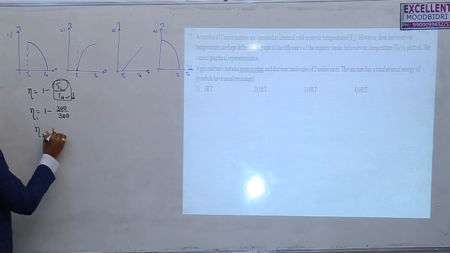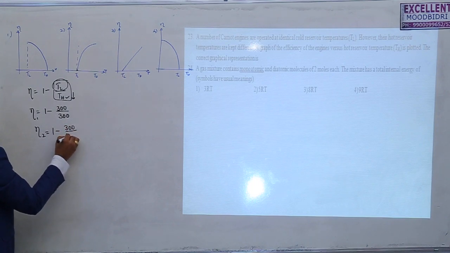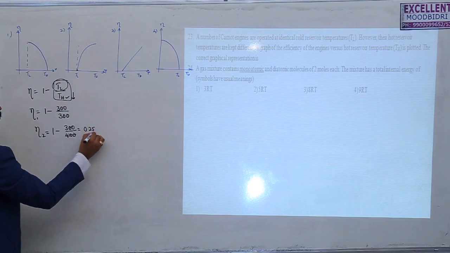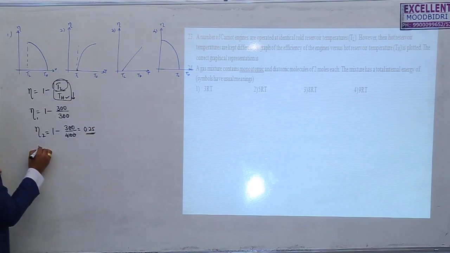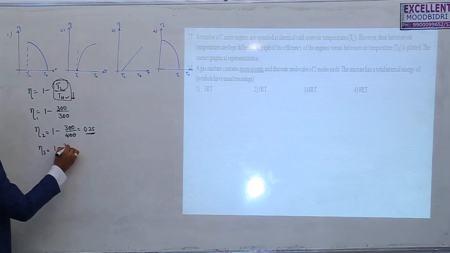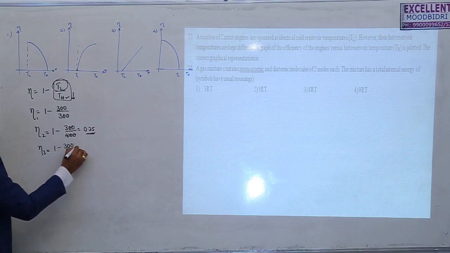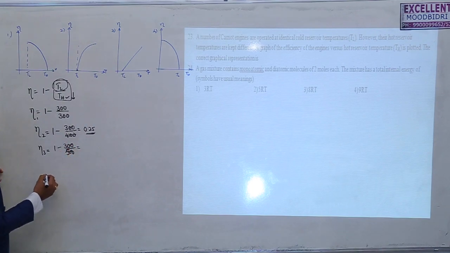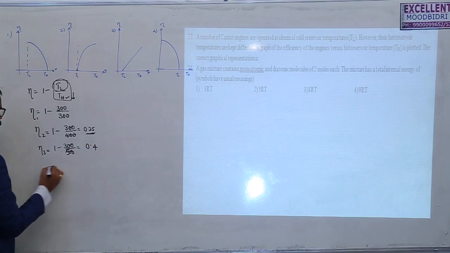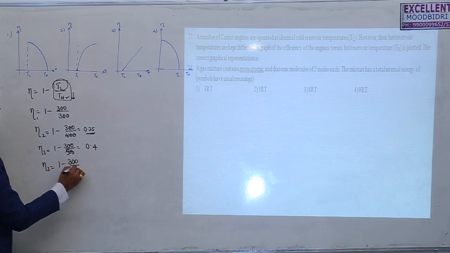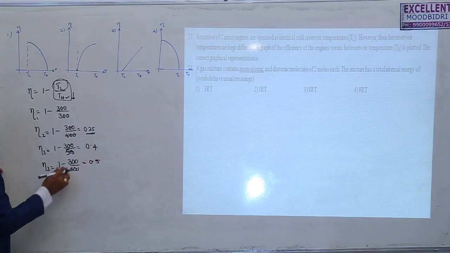If this is eta 1, eta 2 is 1 minus 300 by 400, this is 1 minus 3 by 4, that is 0.25. And the efficiency in the third case, if it is 300 by 500, this is 3 by 5, 0.6, so this is 0.4. And for uniform increase in TH, this will become 0.5.